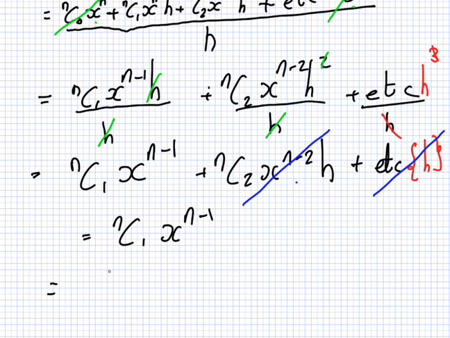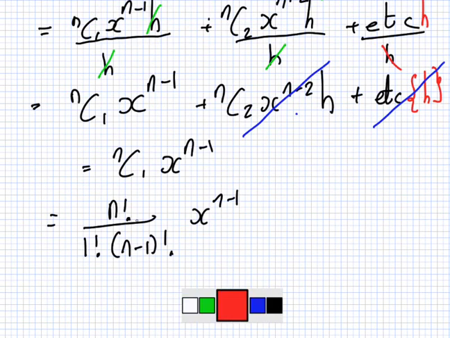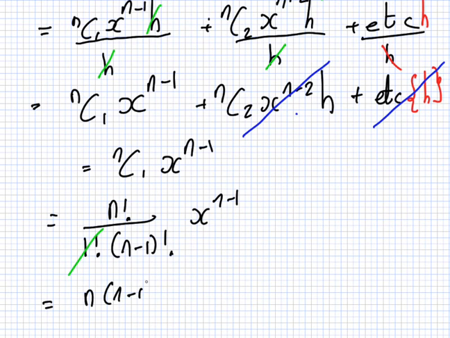So we need to remember the definition of nC1. It's n factorial over 1 factorial times (n-1) factorial, times x^(n-1). 1 factorial is just 1, so we'll forget about that. So on the top we'll have n, n minus 1, n minus 2, n minus 3, and so on, all the way down to 1.